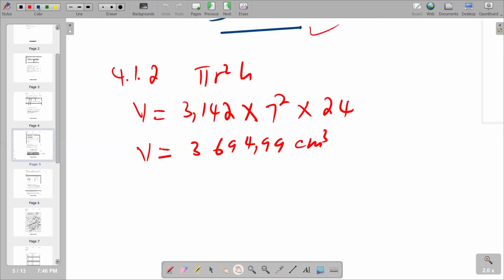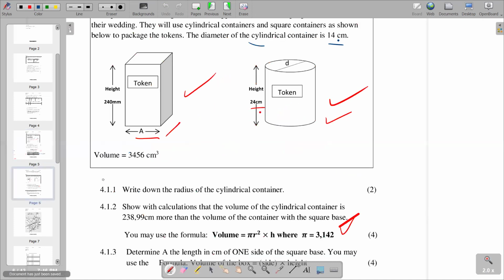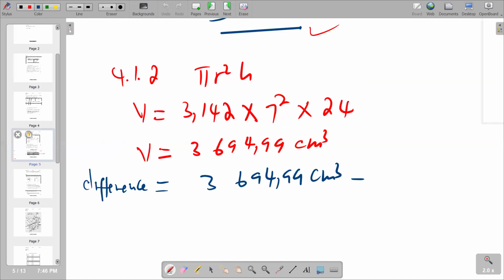So we say the difference is equal to 3,694.99 cubic centimeters minus the one that we have here, which is 3,456.